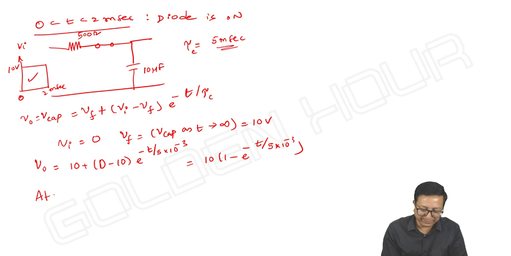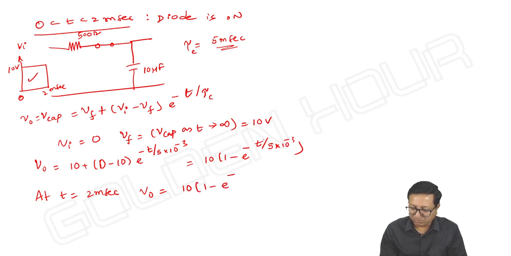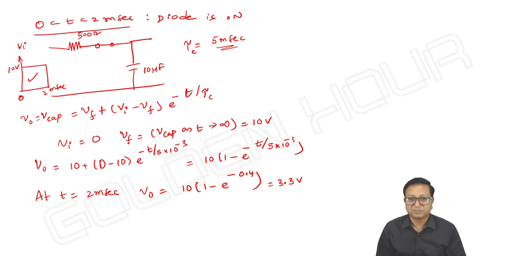At t equal to 2 milliseconds, V output is equal to 10 into 1 minus e power minus 2 by 5, 2 milliseconds by 5 milliseconds, 2 by 5, it is 0.4, milli and milli cancel. If you calculate it, its value is found to be 3.3 volts. I am directly writing the answer.